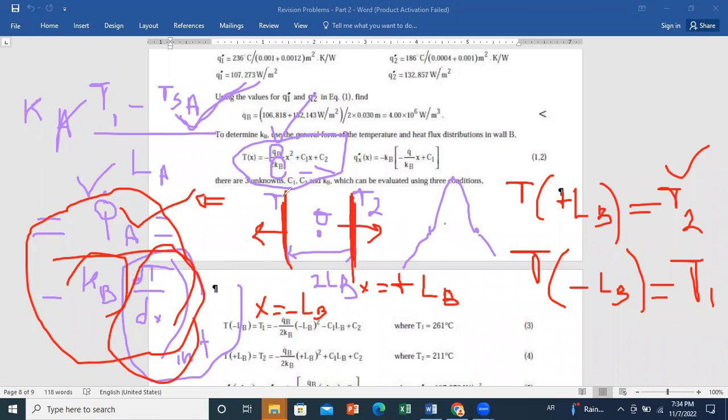While if I do the analysis from the side of A, I do minus KB dT by dx, but for x equal to minus LB.